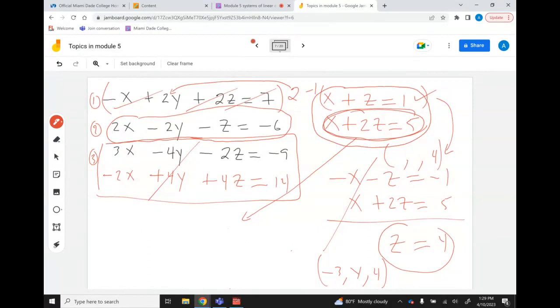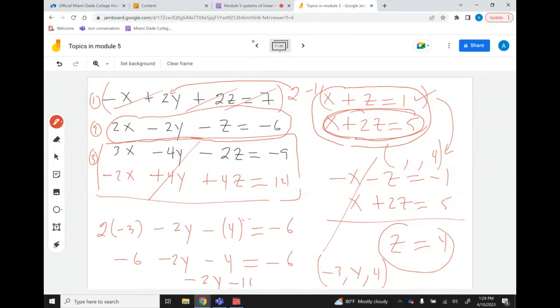So the x is -3, so I'm going to write 2 times -3 minus 2y minus, what is z? It's 4, equals -6. All right. So what's all of this? This is going to be -6 minus 2y. A lot of writing, guys. So that is actually -2y minus 10 equals -6.